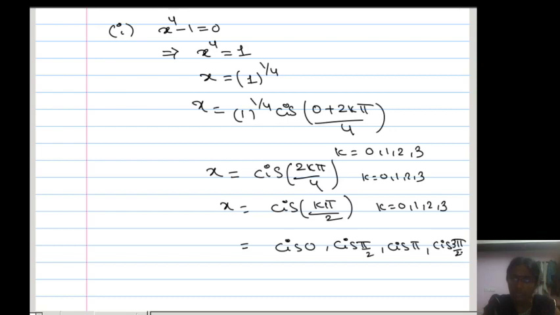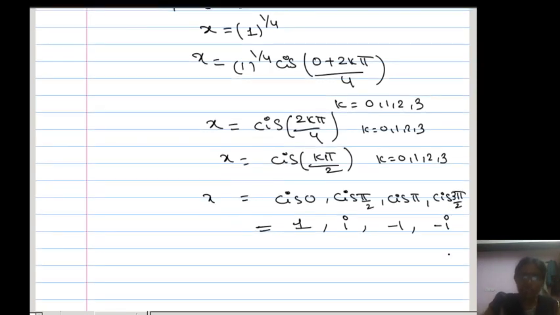These are the four x values we are getting. What is cis 0? Cos 0 plus i sin 0, so we are getting 1. Next, cis pi by 2 means cos 90 plus i sin 90; cos 90 is 0, sin 90 is 1, so i. Cis pi means cos pi is minus 1, sin pi is 0, so minus 1. Cis 3 pi by 2 means cos 3 pi by 2 plus i sin 3 pi by 2, and you are getting minus i.